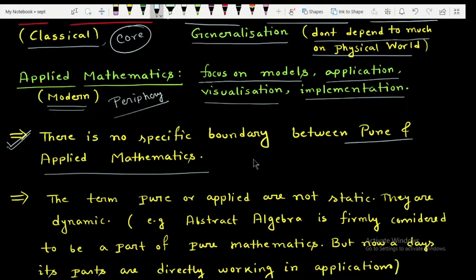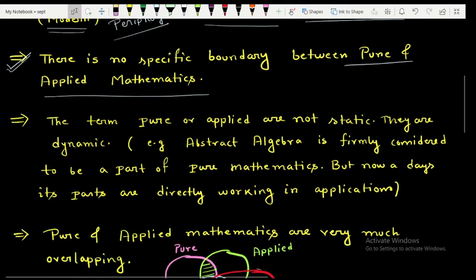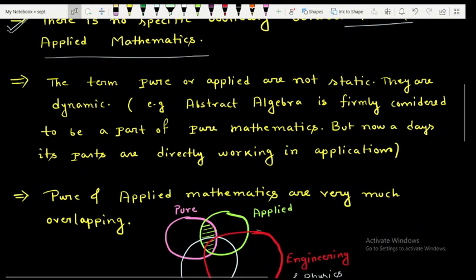So we can say that there is a conflict between pure mathematicians and applied mathematicians about whether a specific part would be included in pure mathematics or applied mathematics. So this is a big dilemma for mathematicians.